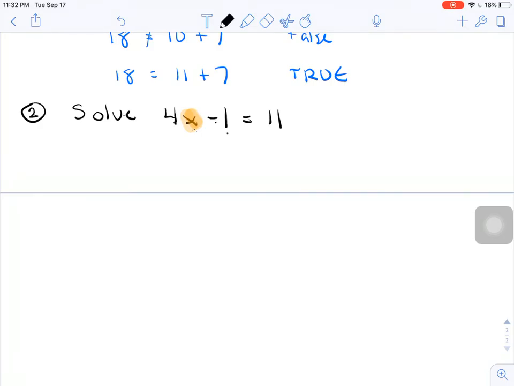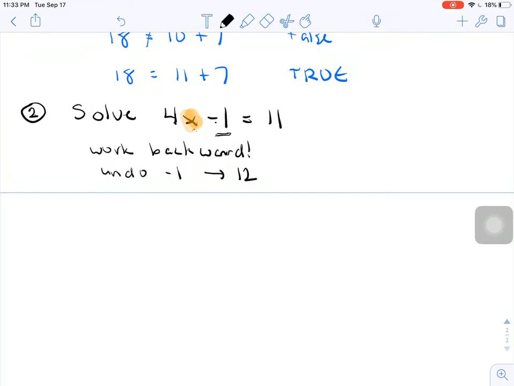If I multiplied by 4 and subtracted by 1 to get 11, then working backwards, I would need to undo the subtraction by 1, which gives me 12. So now I know that 4 times my number before I subtracted the 1 must have been 12.